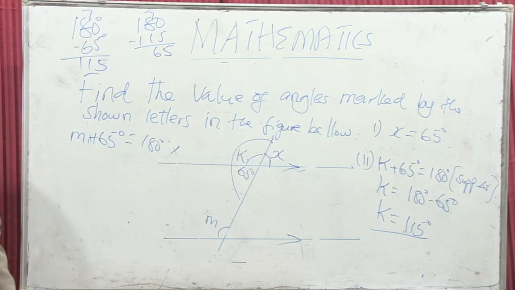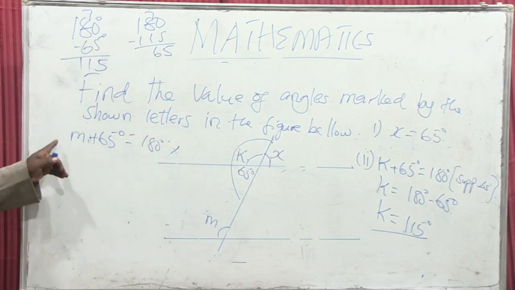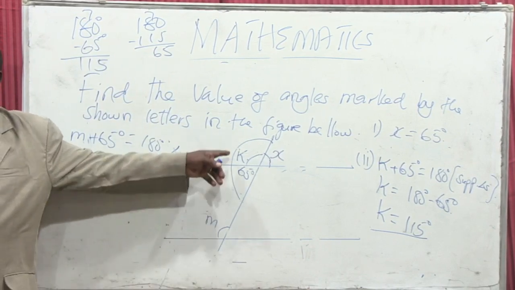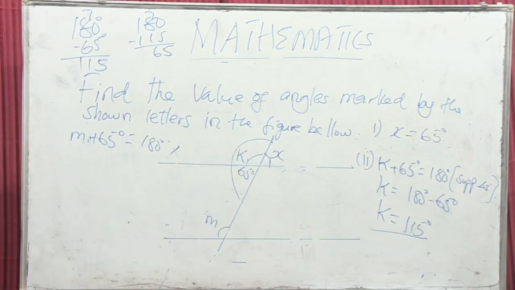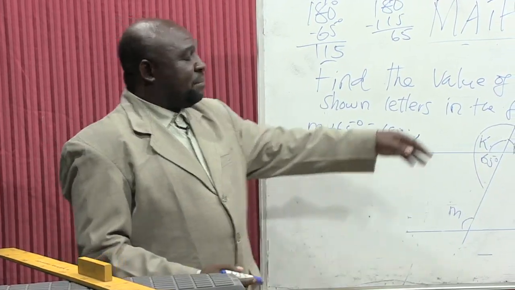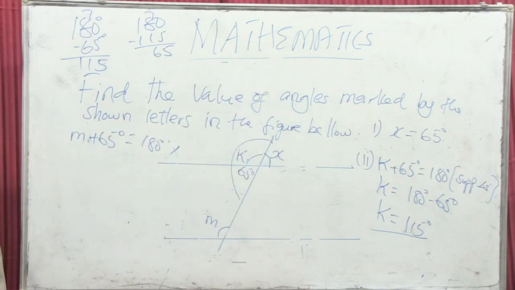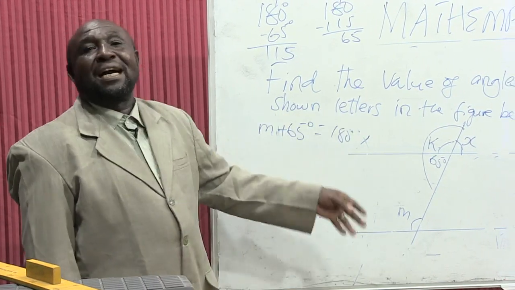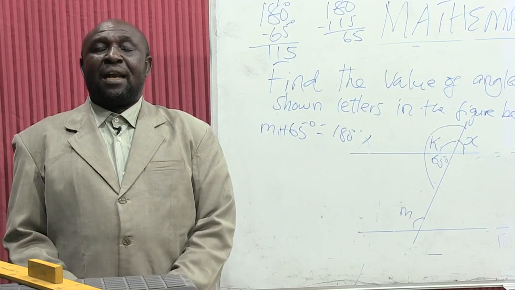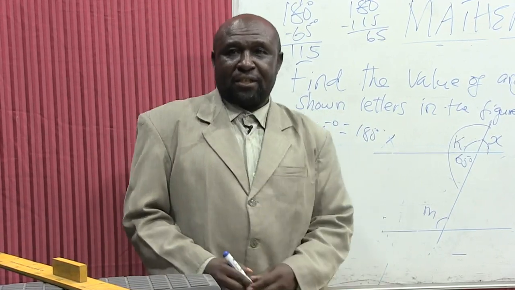Otherwise, no parallel lines. Don't say these are interior angles. For interior angles to be formed, parallel lines must be there cut with a transversal. So M cannot be calculated unless you take the measuring tools to measure it.